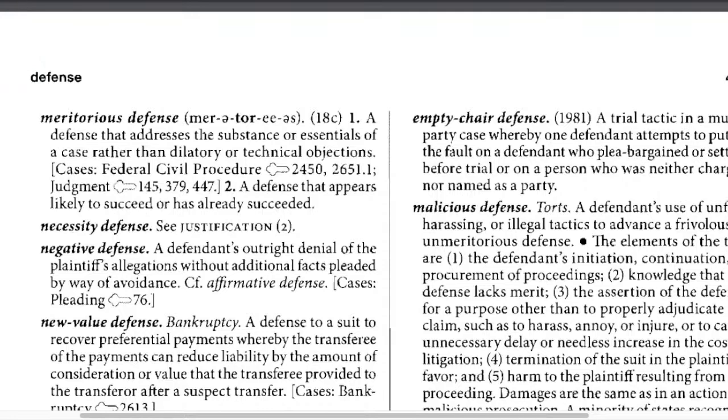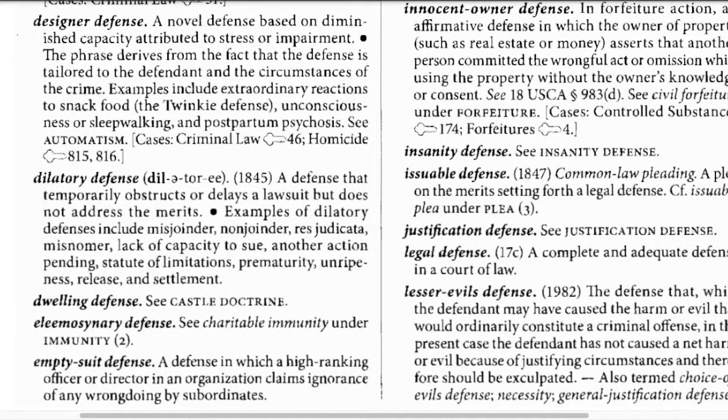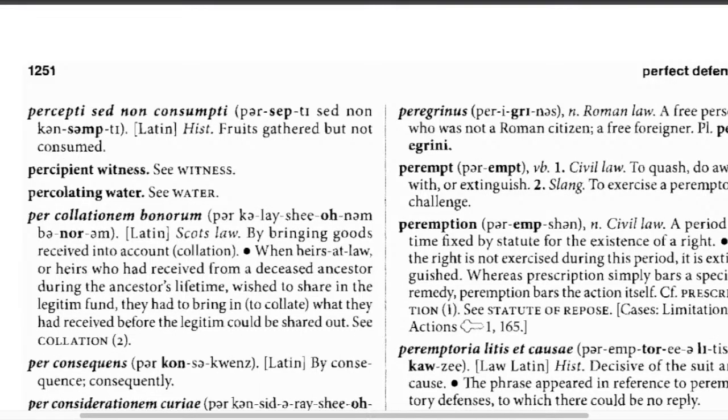We're not on the right page, are we? We're on defenses. Oh, geez. Yeah, we're on the D's. Hang on. We're looking at the peremptory defense. That's not the word. We want peremptory as itself. All right, here we go. There we go.